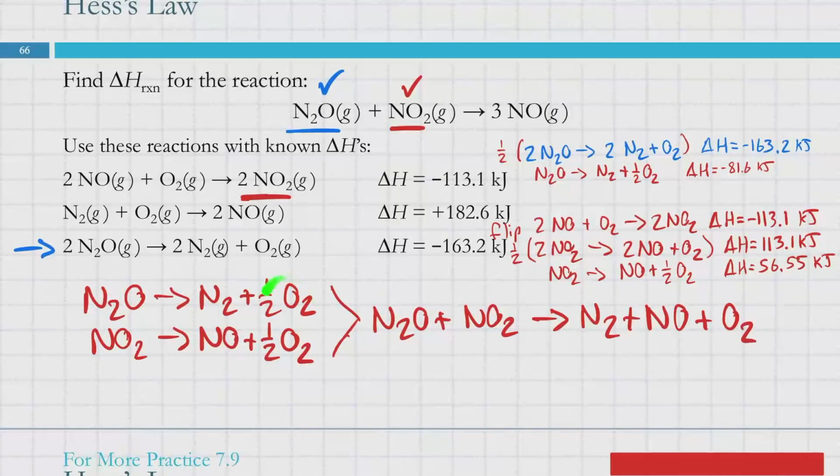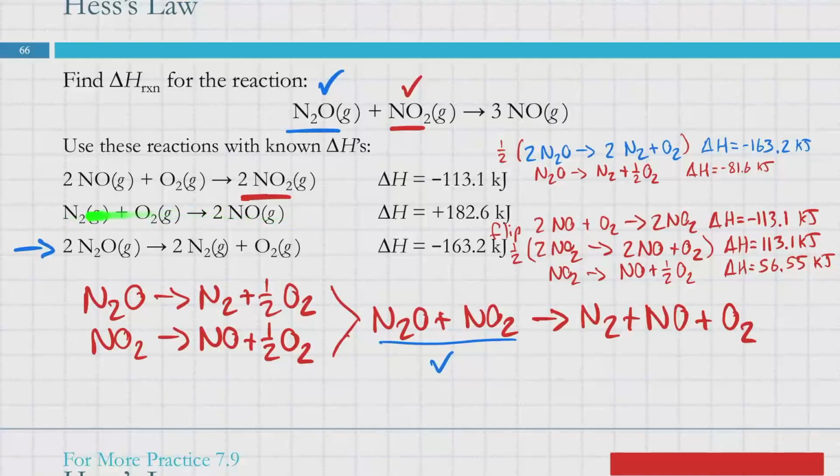The 1/2 O2s add up. Our left side here is good, it's perfect. The right side, on the other hand, we've got one NO, we need 3 NOs. So we're close there, but we have an unnecessary N2 and O2.